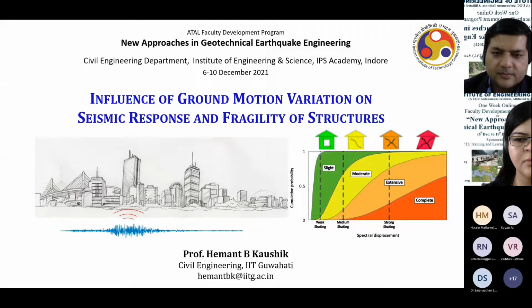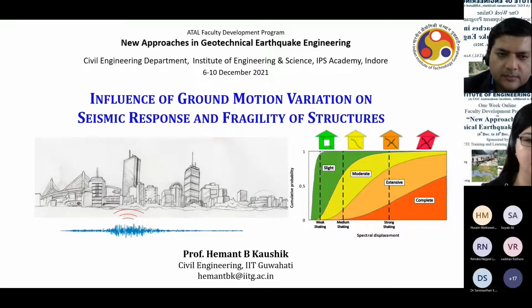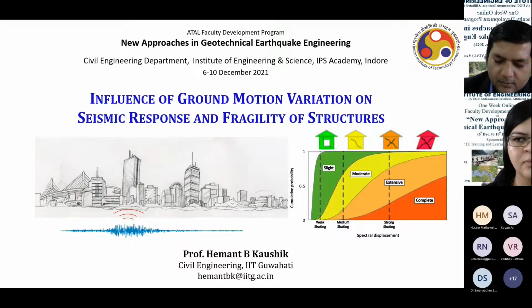So today's topic that I've chosen is not really related to geotechnical earthquake engineering, but to the application of geotechnical earthquake engineering in the ground motion seismic models, the ground motion simulations. So those applications we will discuss today. We'll see what the influences of these ground motions are on the seismic response, particularly the seismic fragility of structures.